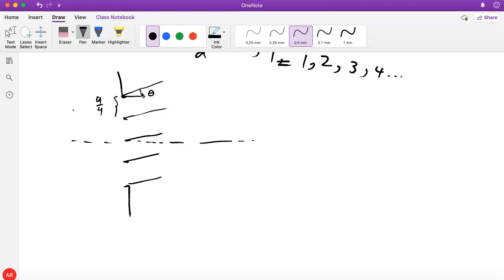So let's say I have this and this giving me destructive interference. So let's say I say a over 4 times theta, let's call it theta n, let's say that's n plus a half times lambda.